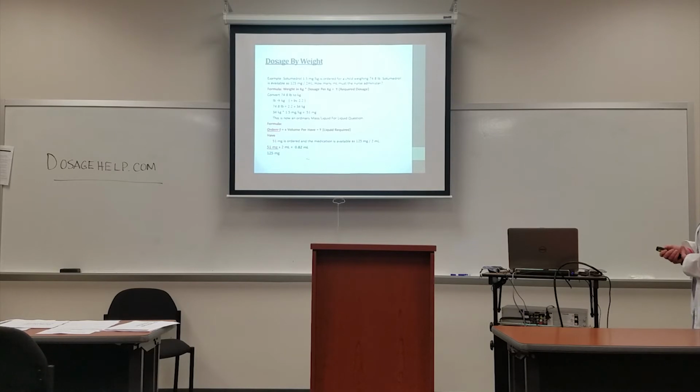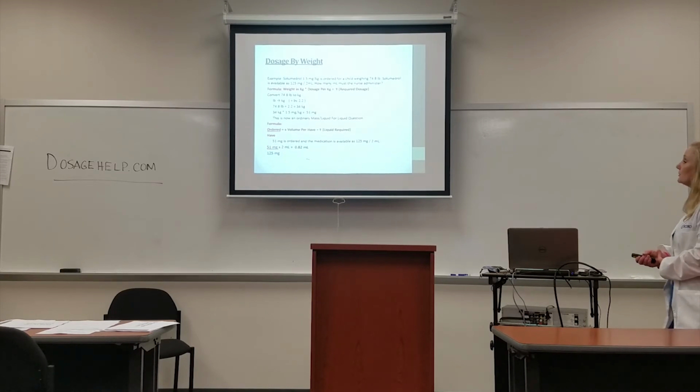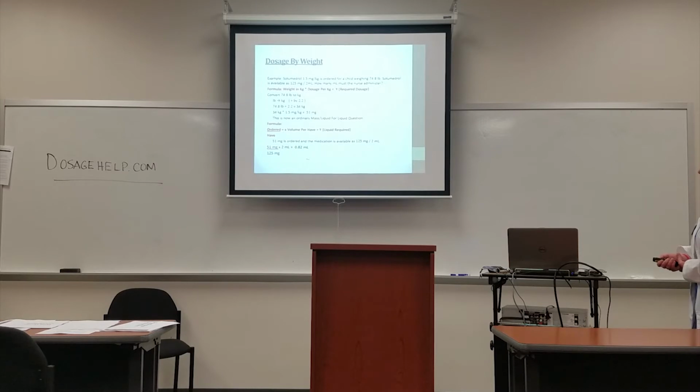So this is my formula. I have my order, and I divide by what I have, and multiply by the volume, and that's my Y. The Y is my answer, which is the liquid required. So 51 milligrams is ordered, because that's how I got this, right? I had to take the weight of my child and do all those calculations, and the medication is available in 125 milligrams in 2 mLs.